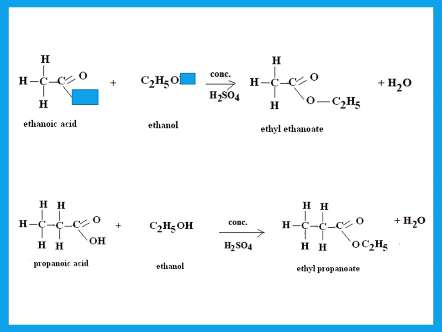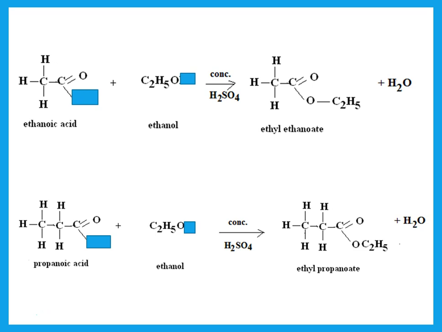Let's try again. I want to react propanoic acid with ethanol. Now, what did we do? We said we're going to draw the acid: C with 3 H's, C with 2 H's, C double bond O, and remove that OH. Remove the H from the alcohol and join them together. So I end up with that product, plus water, of course. Now, how do we name the product?